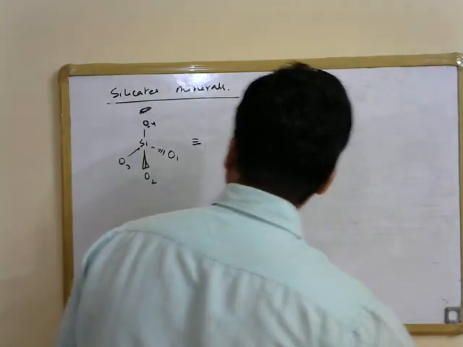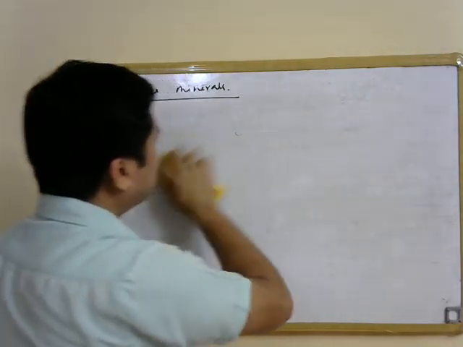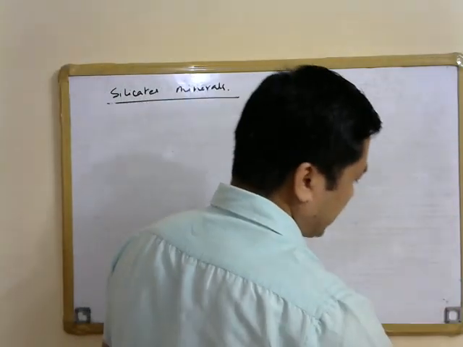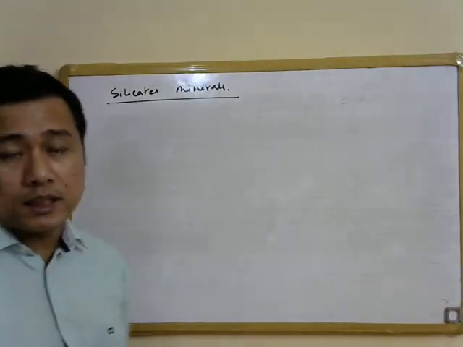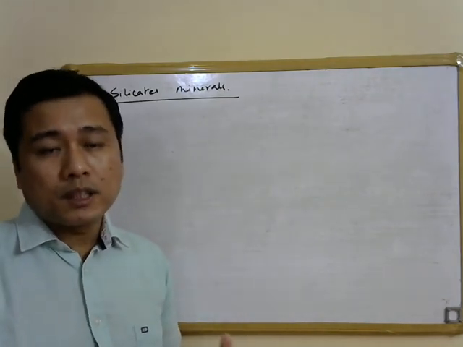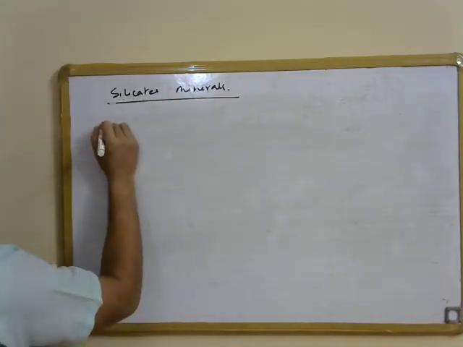So let us now see what other types of silicate minerals are formed. Apart from this orthosilicate, where none of the oxygen atoms are shared, by sharing of oxygen atoms we can form different kinds of silicate minerals. So the next one is pyrosilicate.